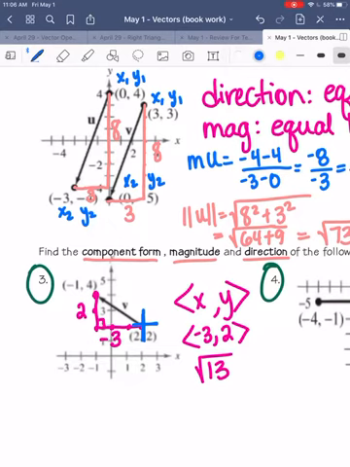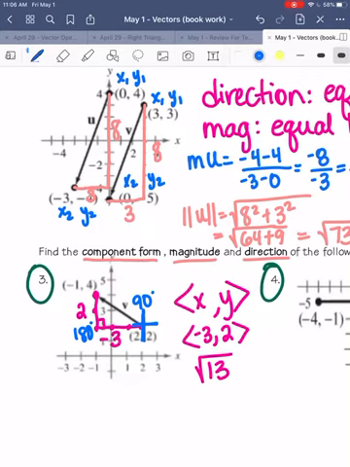And now you can tell it's in quadrant 2. So quadrant 2 means our direction should be somewhere between 90 degrees and 180 degrees, right? If you put like 30 or 40 degrees, which some of us did, you're partly correct, but not all the way correct, okay?